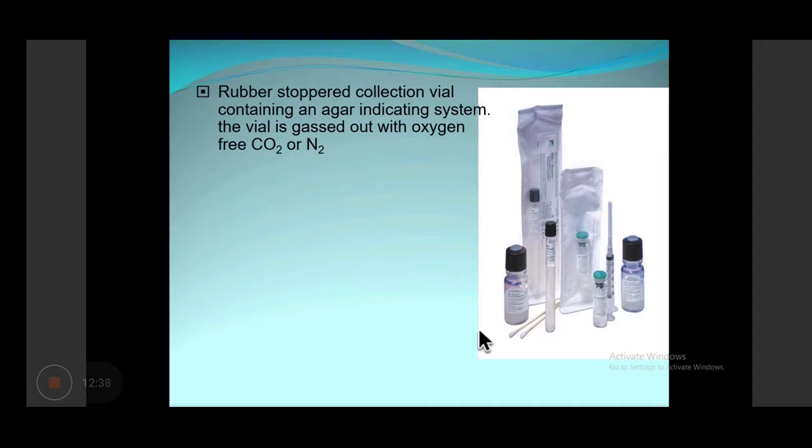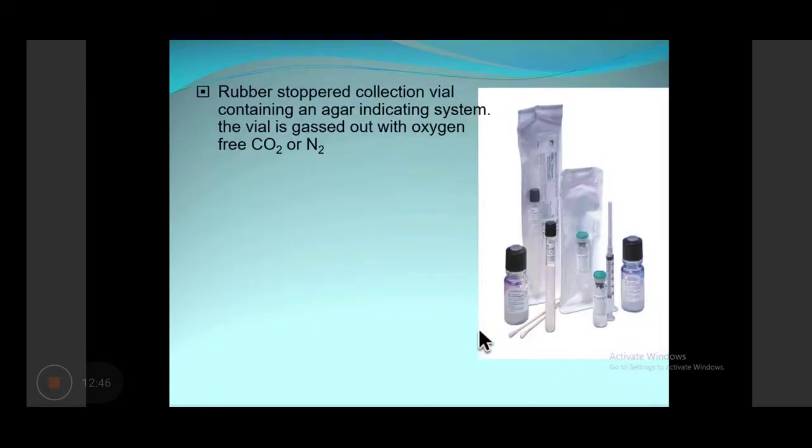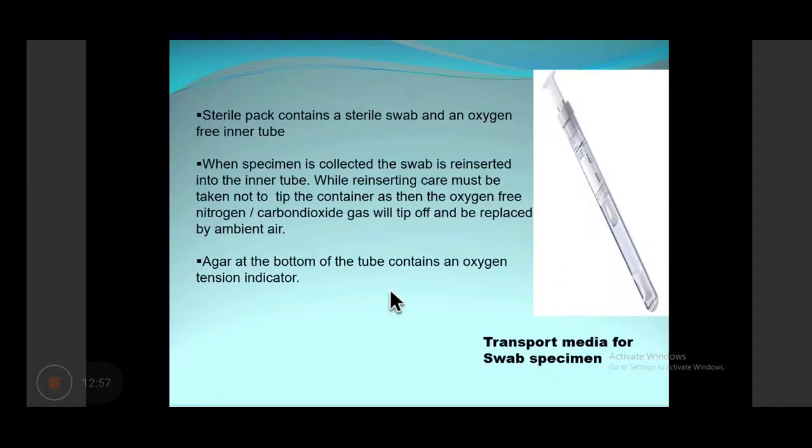You will have in the hospital this kind of device for collection of samples in suspected anaerobic infective cases. So these are the sterile transport media for specimens, like a sterile pack that contains a sterile swab and an oxygen-free inner tube.